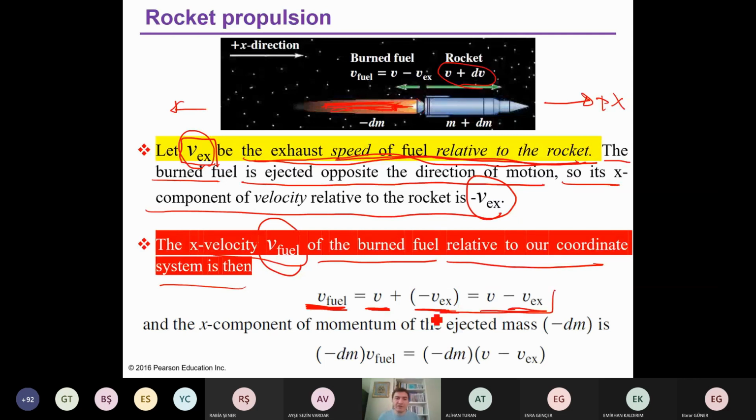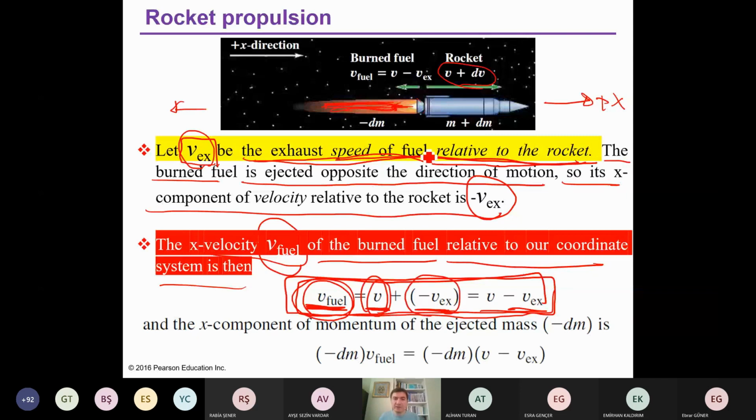This definition is very important. If you don't understand this definition, it is not necessary to continue. This is the velocity of the fuel relative to the observer in our coordinate system, this is the velocity of the rocket, and this is the exhaust speed of the fuel relative to the rocket.